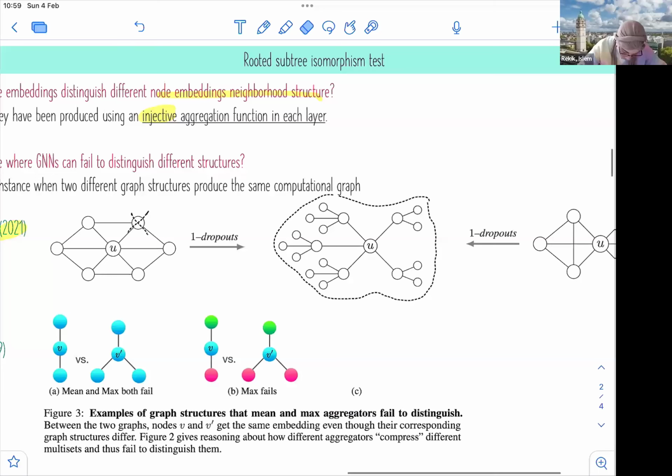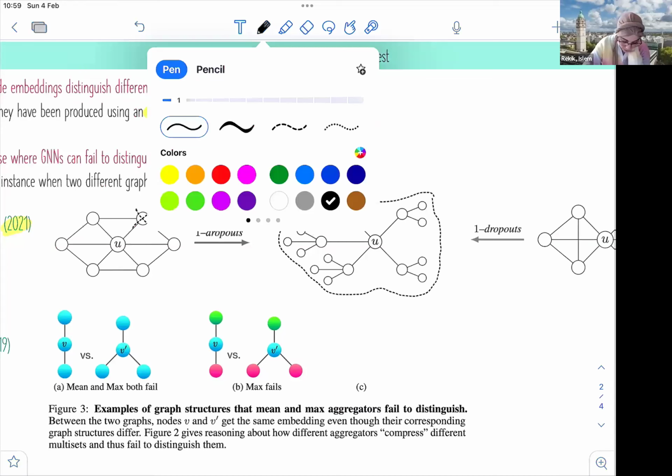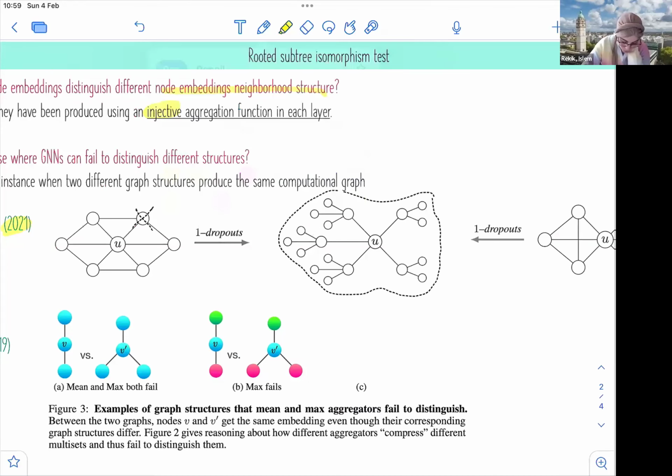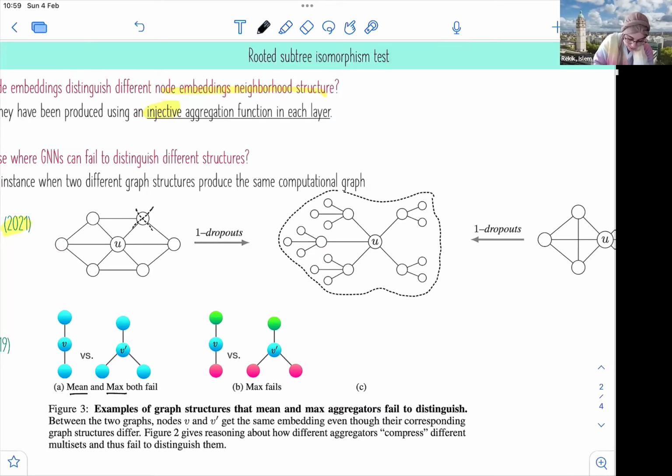If we have the same number of features, here we have 2 different graphs. The color here denotes the features. Whether you take the mean or the max, because they have the same identical features, we are not able to distinguish between these 2 topologies. The topologies of V and V prime are different.